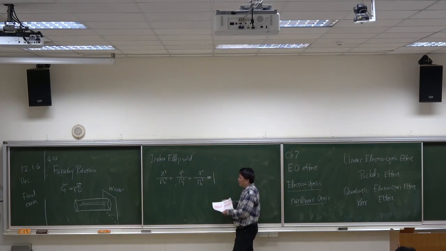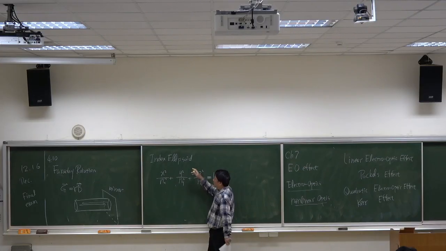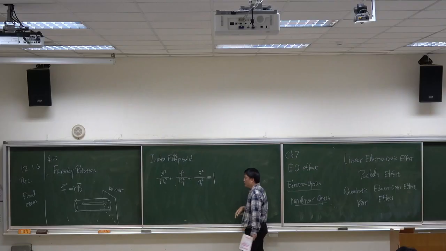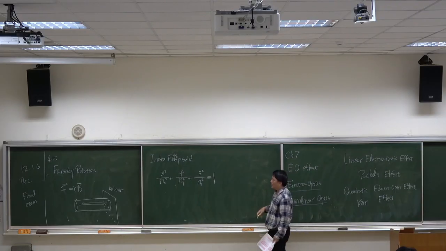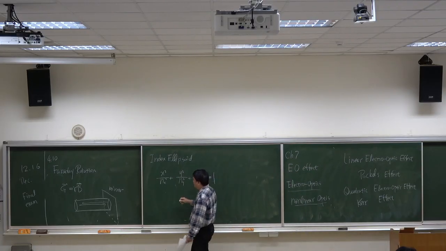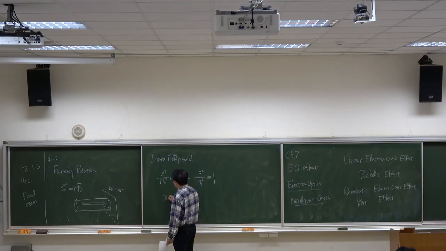The equation describing the D vector is called the index ellipsoid, which can be written like this. Here, x, y, z are the normalized D vectors. x, y, z are in fact this one.